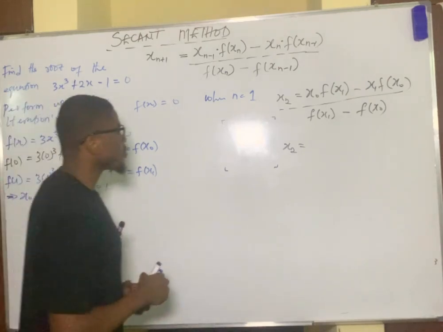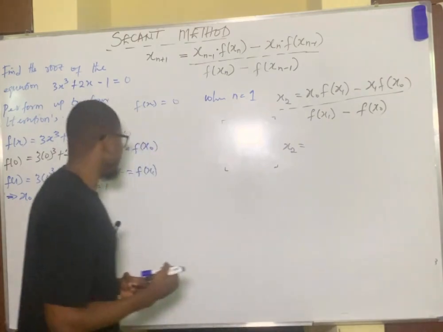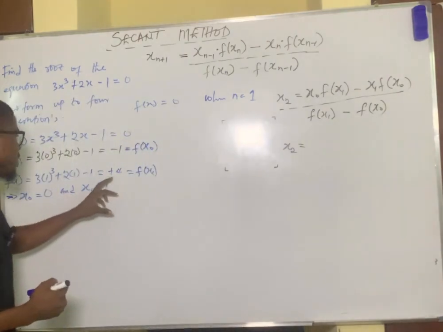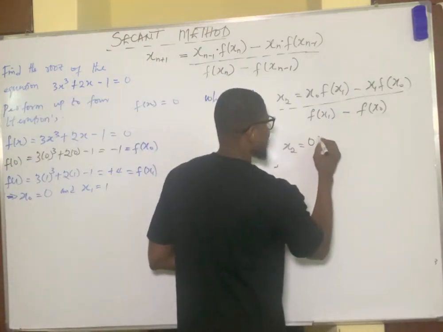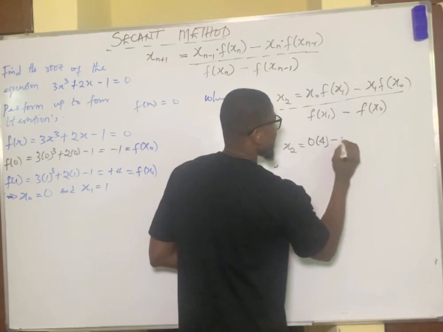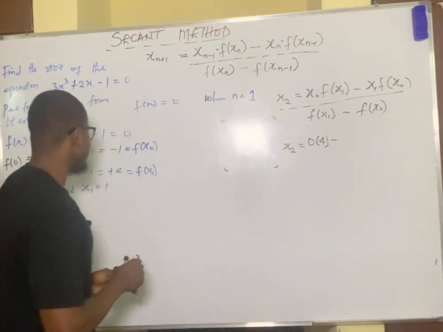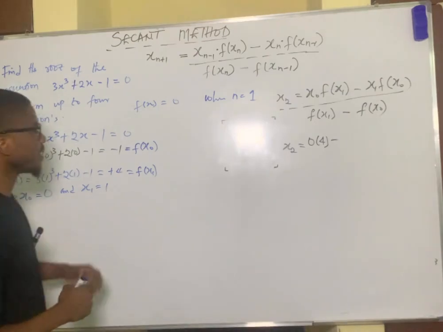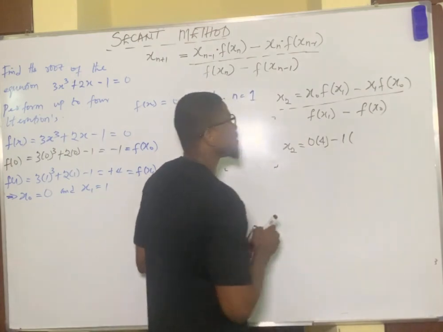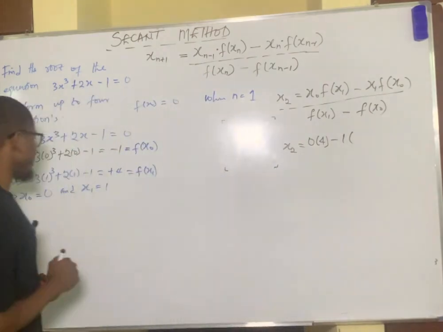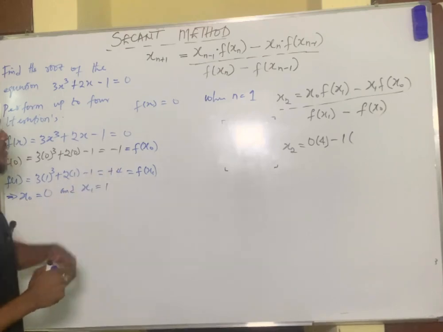So you have 0 multiplied by f of x1, and f of x1 gave us here positive 4. So you have 0 multiplied by 4 minus x1, and x1 is 1 from here. So minus x1, which is 1, multiplied by f of x naught, and f of x naught simply gave us negative 1.